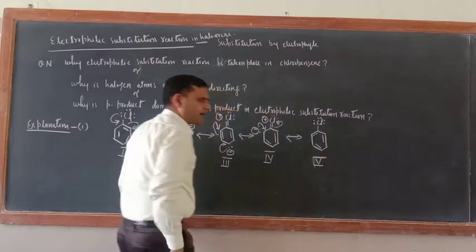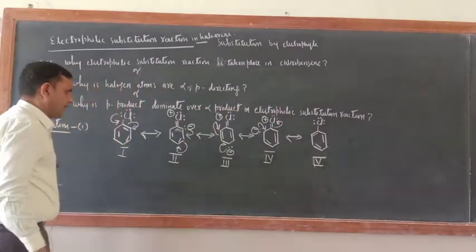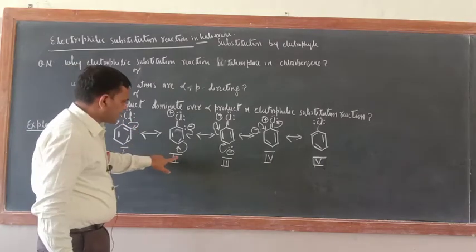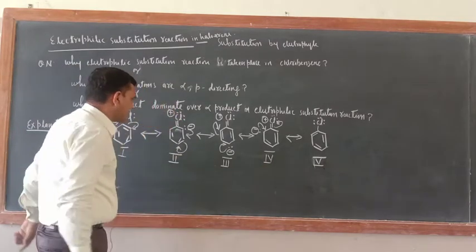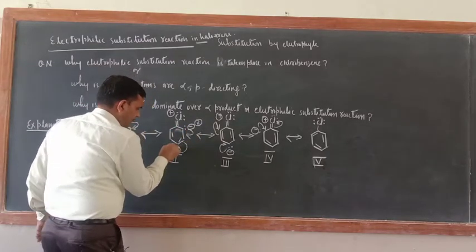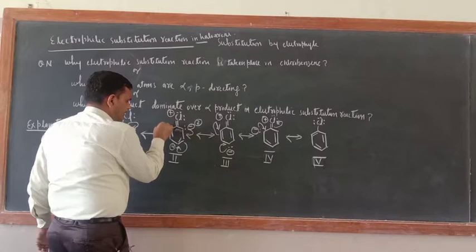There is no need of making the resonance hybrid. Now concentrate on the resonating structures second, third and fourth. Just see, this is position number 2, this is position number 4 and this is position number 6.